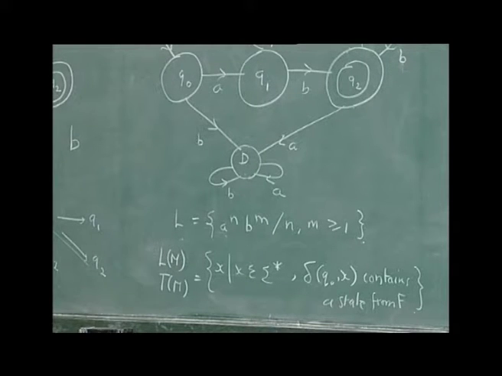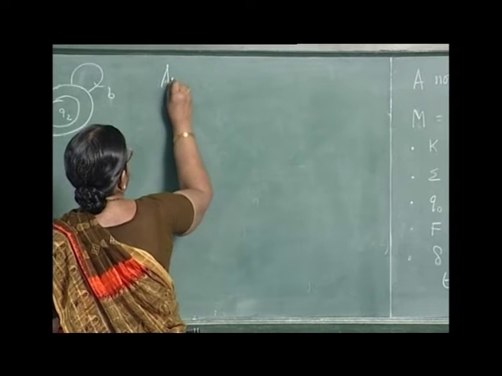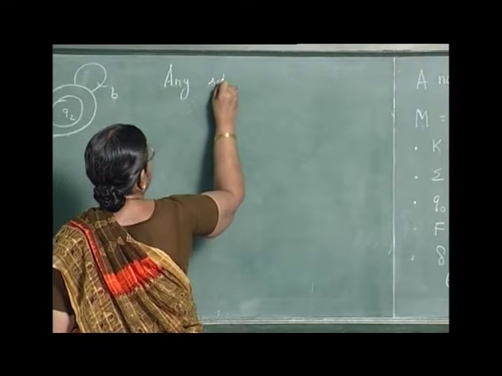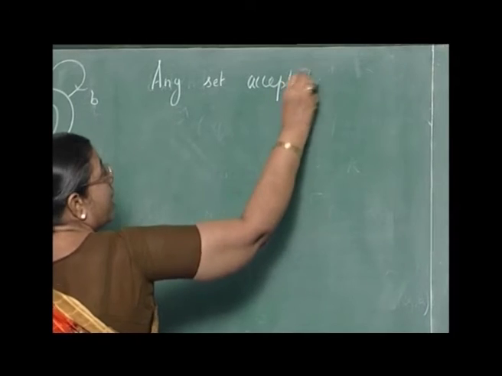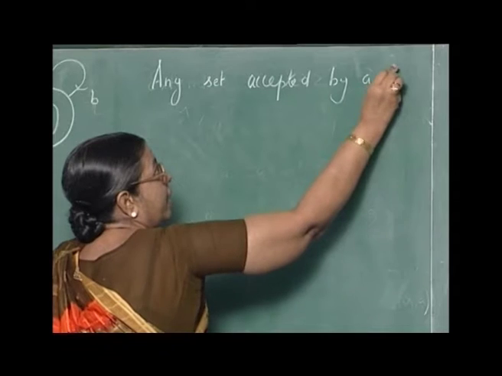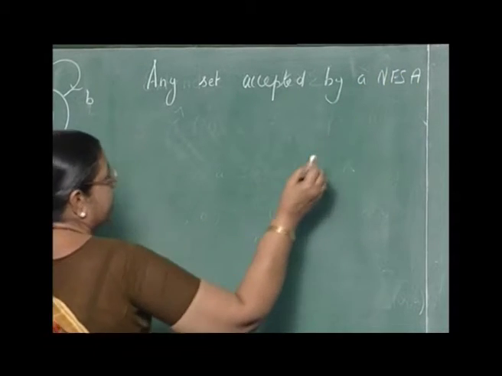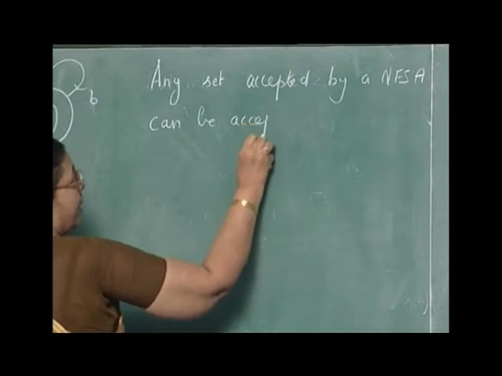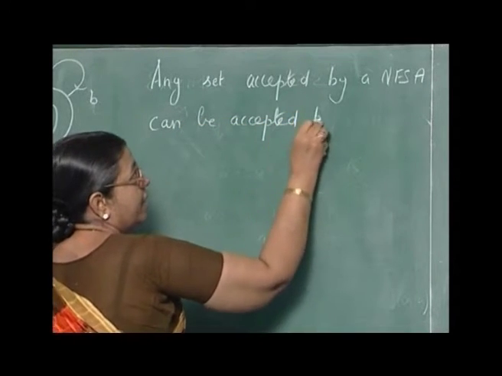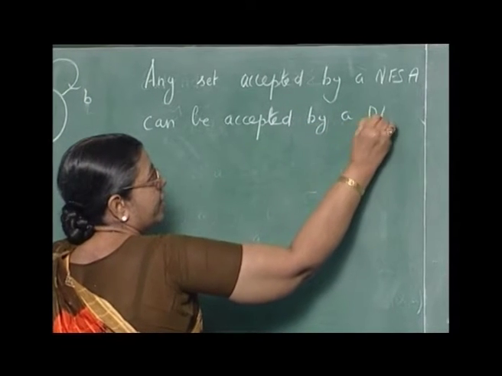Now, let us see how we can go from a non-deterministic automaton to a deterministic automaton. So, any set accepted by an NFSA, a non-deterministic finite state automaton, can be accepted by a deterministic finite state automaton.